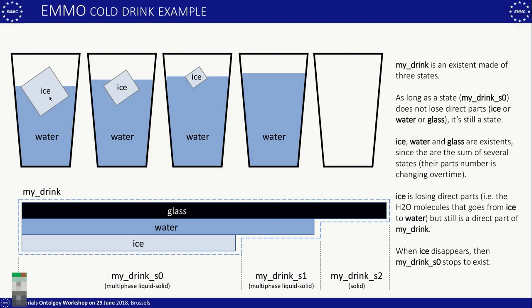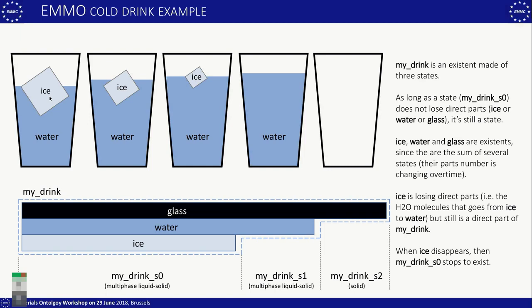Right. So you're correct. It depends on the granularity level of the detail that you want to go through. If you want to stay at a human level without asking too much about molecules and atoms, looking at ice and water as a continuum, we have 3 states in my drink.